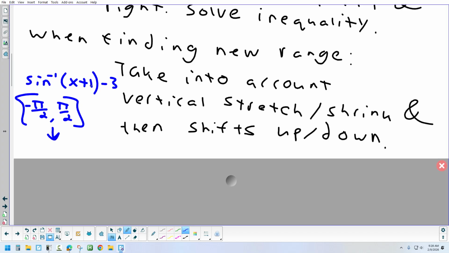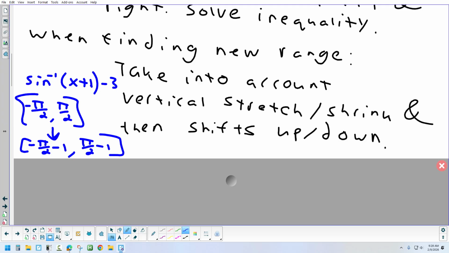This plus 1 is going to shift it 1 unit to the left. So that means all the x values should get smaller by 1. That's what happens when you take the original domain and you shift it 1 unit to the left.